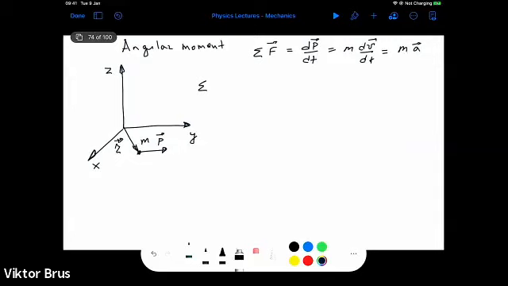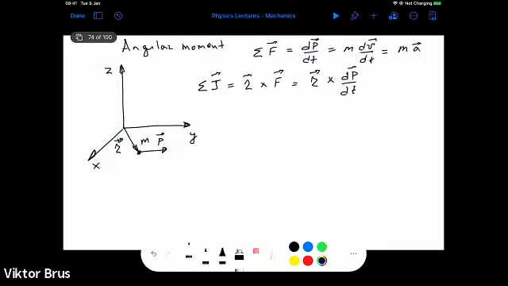Some resultant torque vector will be equal to the vector product, as we defined before, of our position vector and some resultant force which is exerted on this particle. So it is equal to r times the derivative of linear momentum, the first derivative of linear momentum over t.